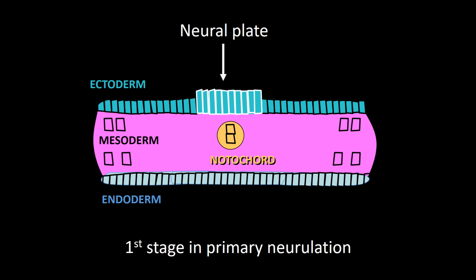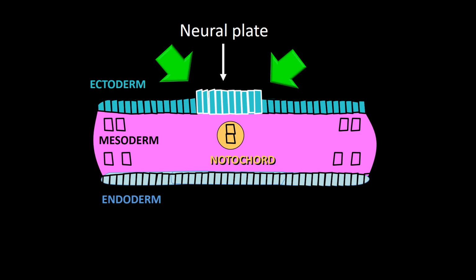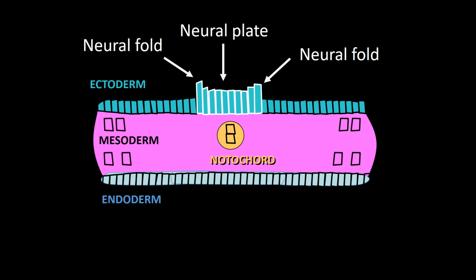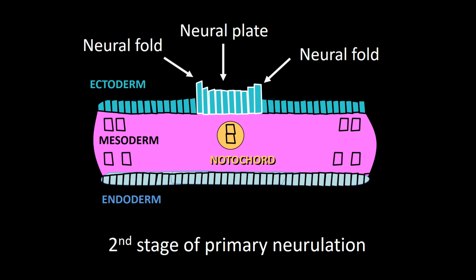Once the neural plate is formed, it undergoes differential growth. The edges of the neural tube grow at a faster rate than the area between the edges, thus producing the neural folds. The neural folds produce a shallow canal. This constitutes the second stage of primary neurulation, called the shaping of the neural plate.